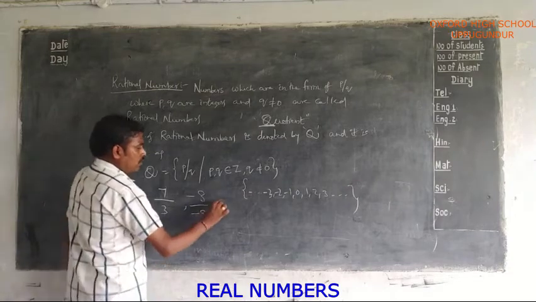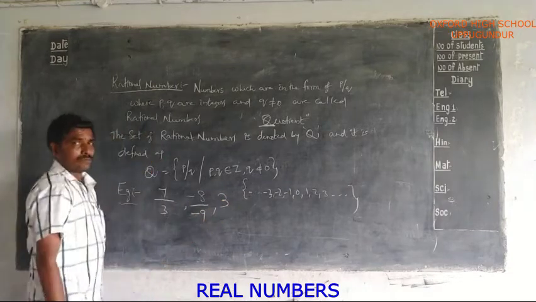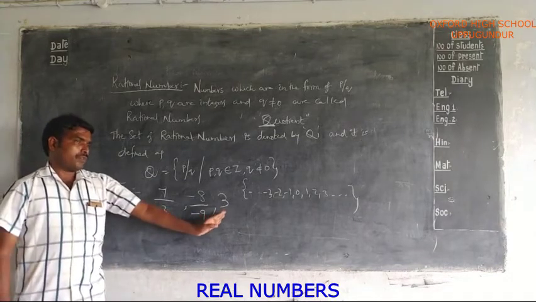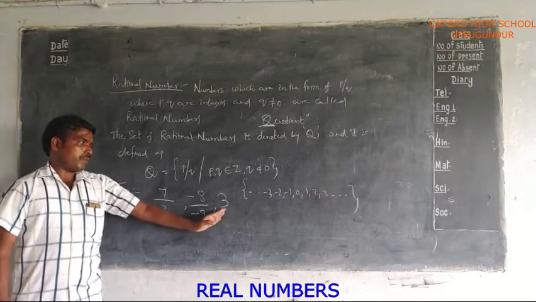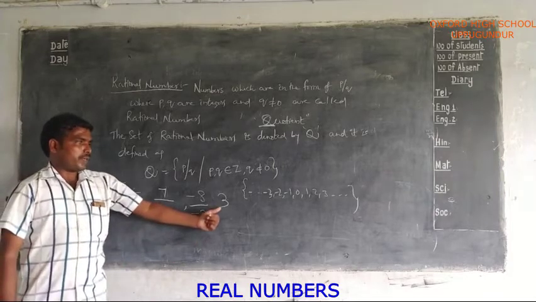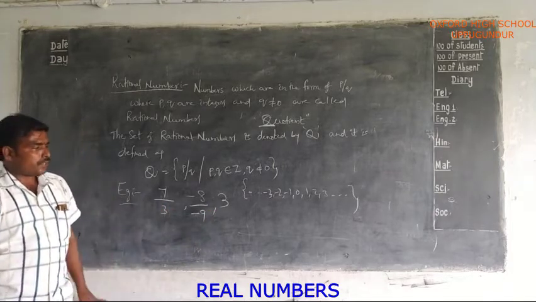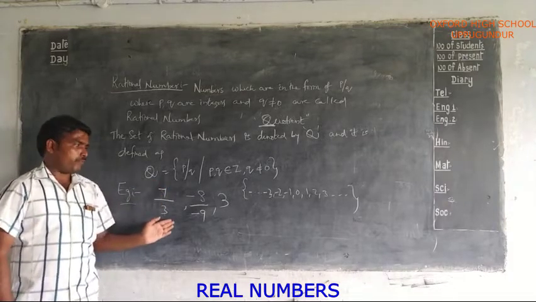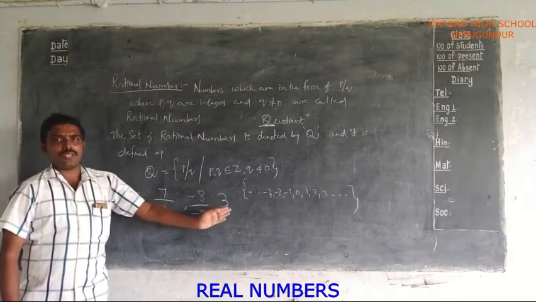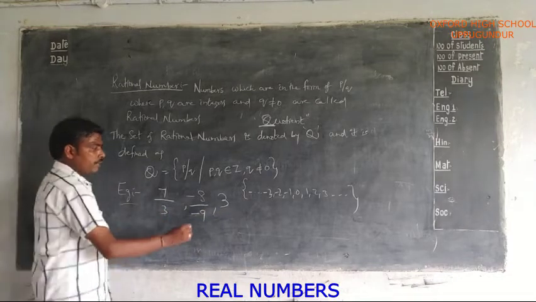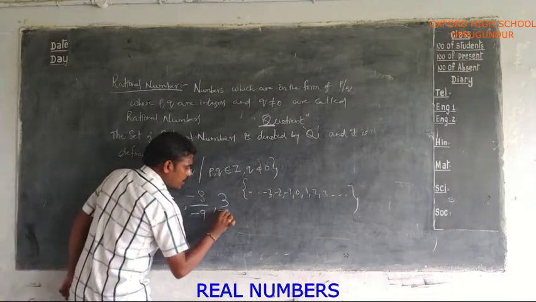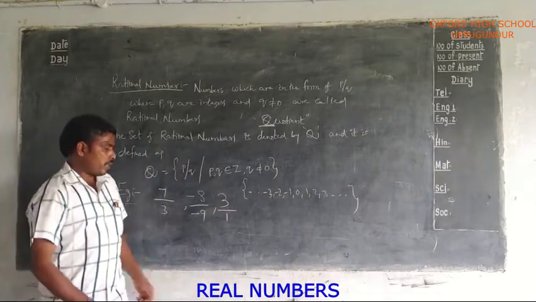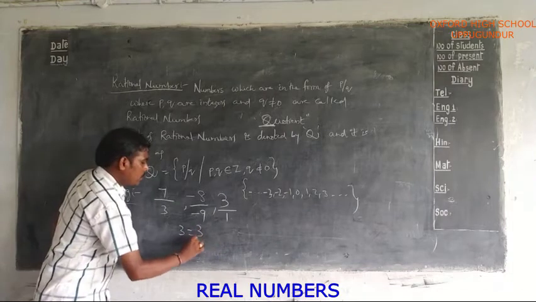If you take 3, is it a rational number or not? In what way can you say? What is the condition for a rational number? It has both a numerator and a denominator. For 3 there is no denominator. If any number has no denominator, you consider the denominator as 1. That means 3 you can write as 3 by 1.